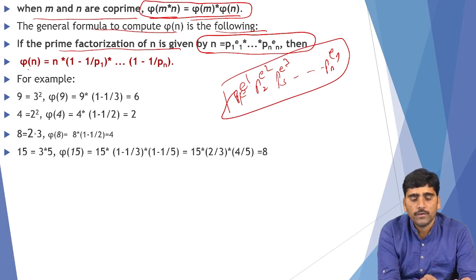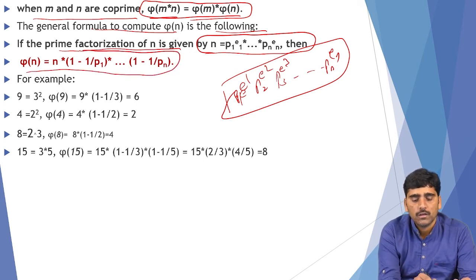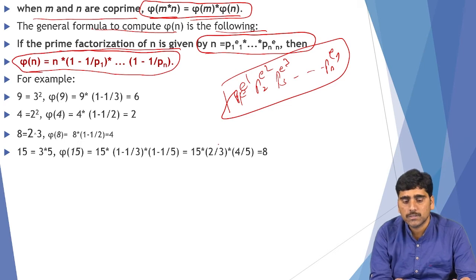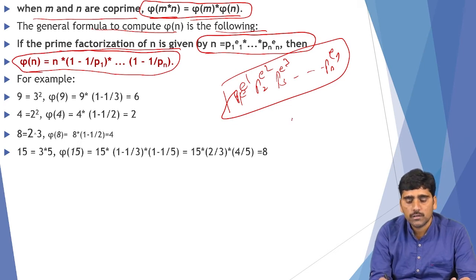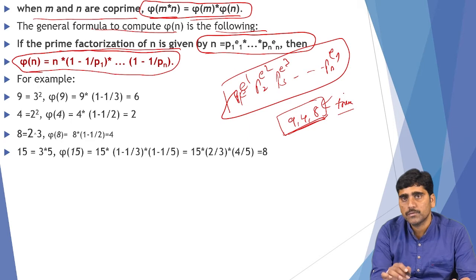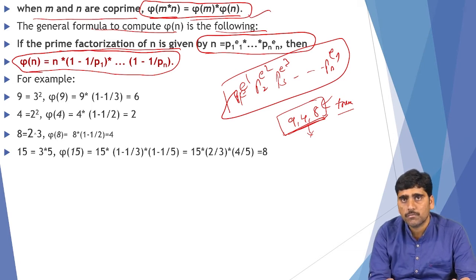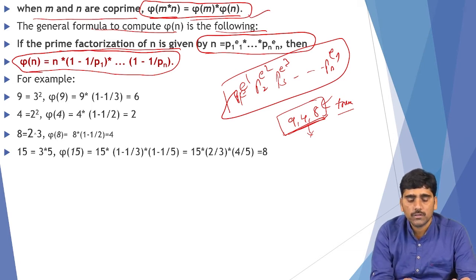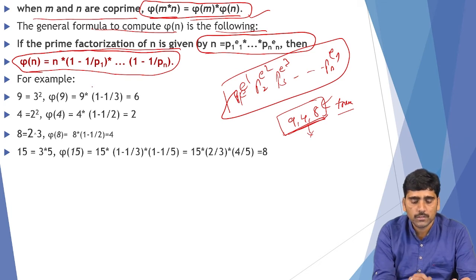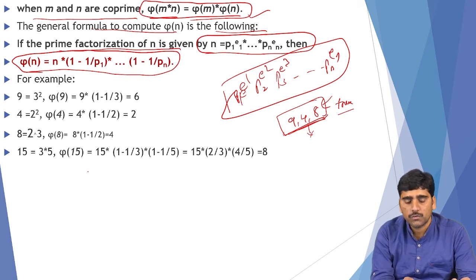And the formula for phi of n is especially for these values, 9, 4, 8, those that do not hold true for the composite number formula. The numbers that do not hold true for the composite number formula can follow this formula. So what is that formula?